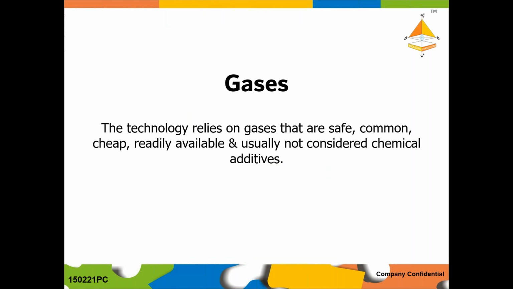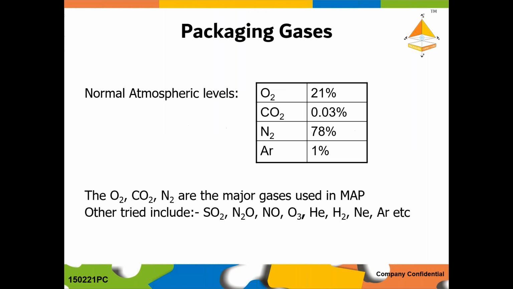Then gases. The technology relies on gases that are safe, common, cheap, readily available, and usually not considered chemical additives. That is the principle behind MAP. So you could say these are typically the packaging gases.